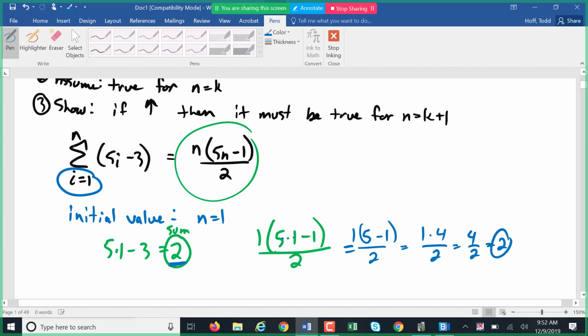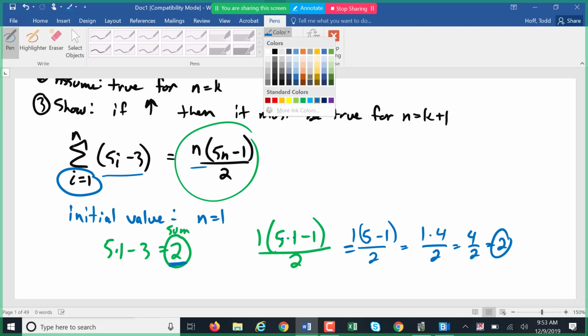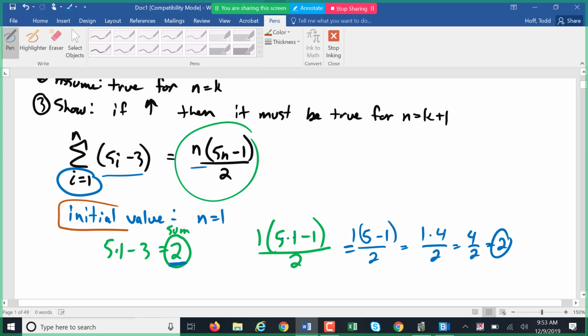So that is true. The sum for i equals 1 of 5i minus 3 is equal to n times 5n minus 1 over 2 for n equals 1. So we showed it was true for that initial value of n equals 1. That's the easy part. The second part is also pretty easy.